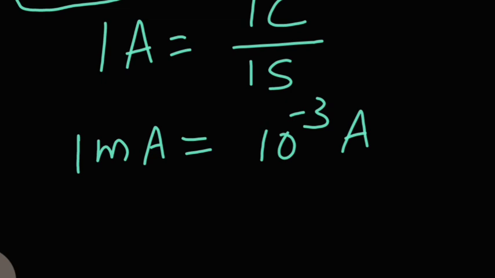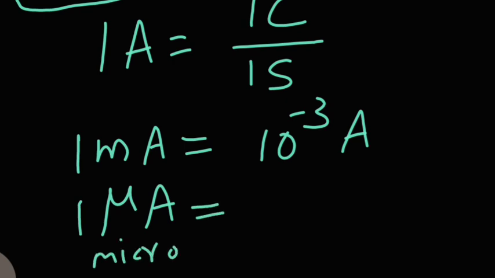Then still smaller units are there. Microampere. Micro means 10 raised to minus 6, so microampere is 10 raised to minus 6 ampere. So these are smaller units of current.